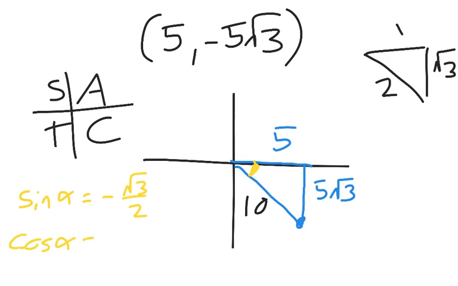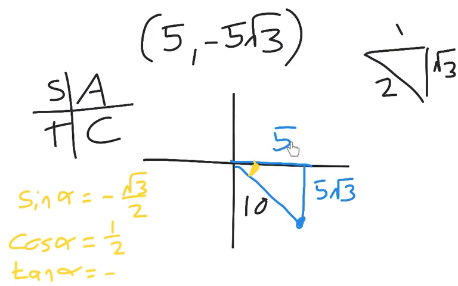Cosine is going to be positive, and it's the adjacent side over the hypotenuse. So that's 5 over 10, or a half. Tangent of alpha is going to be negative, again because I'm in the fourth quadrant. And tangent is the opposite over the adjacent. Sorry about that.